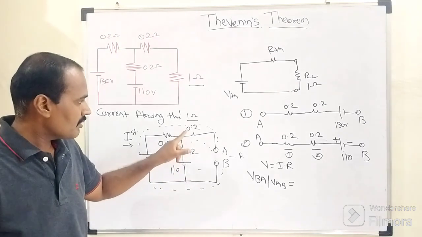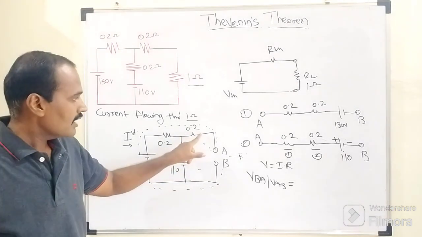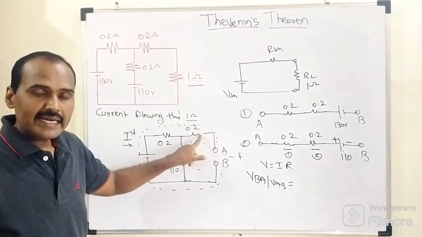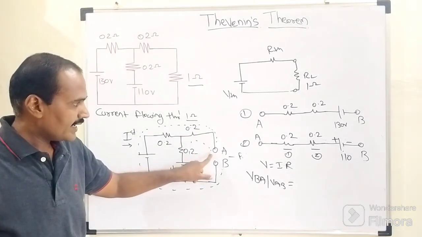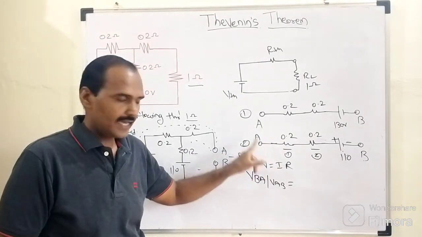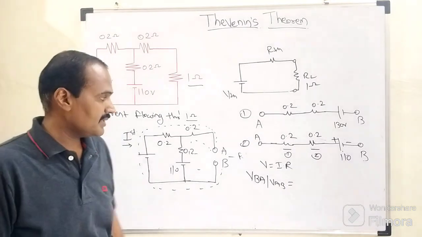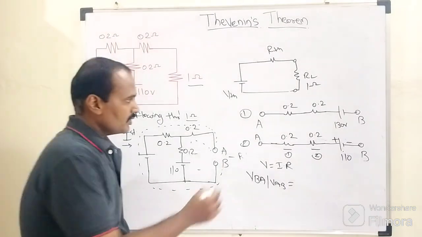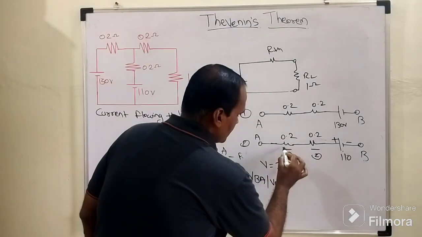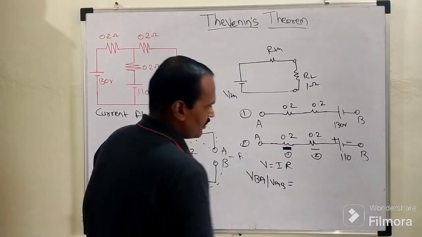I was talking about this particular 0.2 ohm resistor because the lower end of this 0.2 ohm resistor is connected to this open circuited terminal A. As A and B are not connected physically, they are not connected to each other, which means the current flowing through this particular 0.2 ohm resistor is exactly equal to 0.